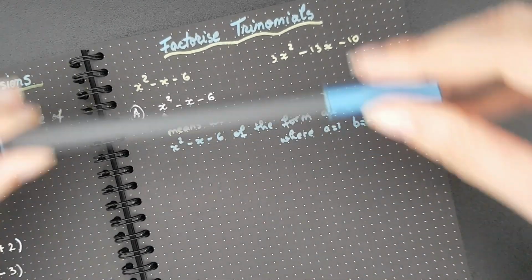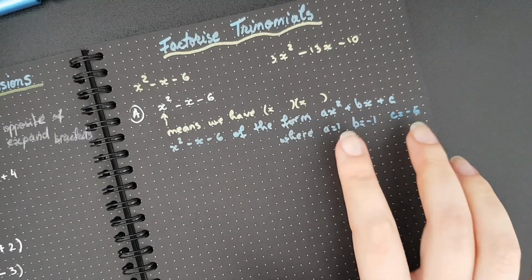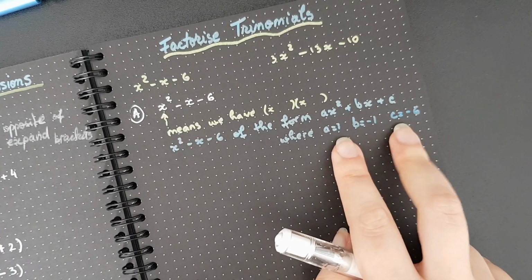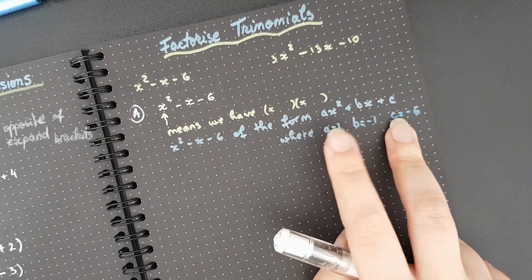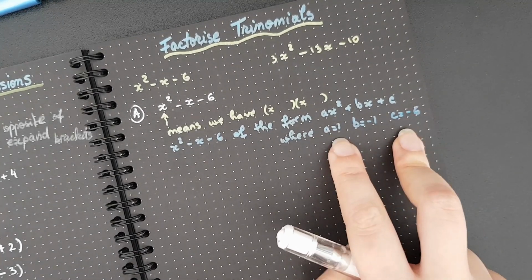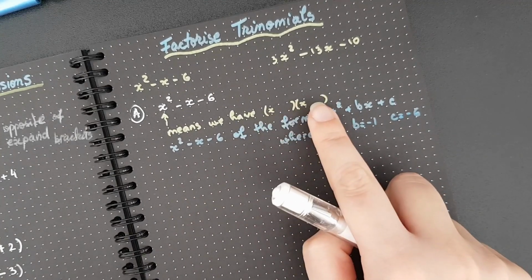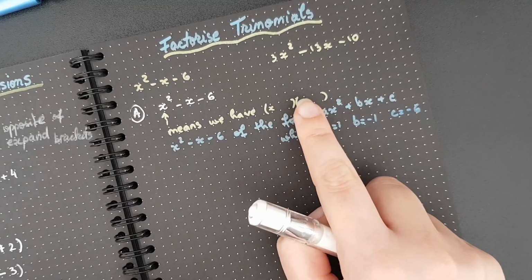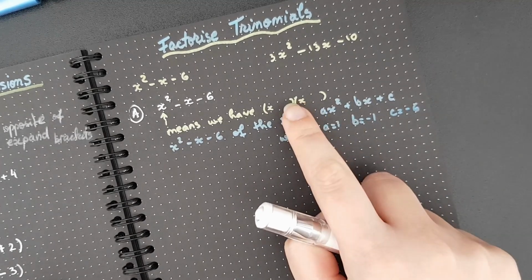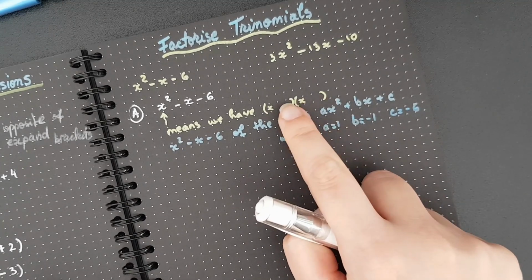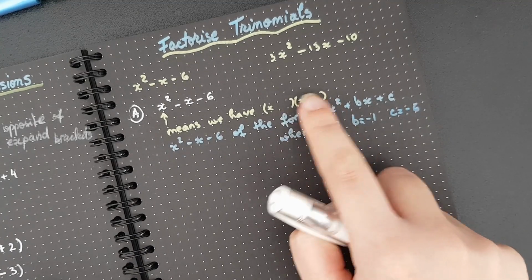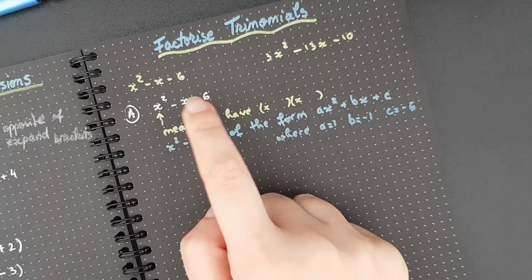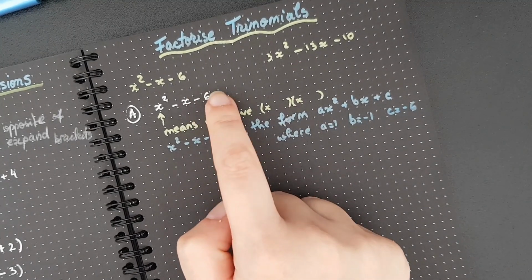Okay, now I've put these things on the side because I do recommend you always take a look at these ones, because they are always going to help you find out the numbers that I need to put in my brackets. So first of all, I kind of know both of my brackets should be starting with an x, and then there's something else that should be at the end over there, and most of the time those two things multiply together to give me the last number I have here.